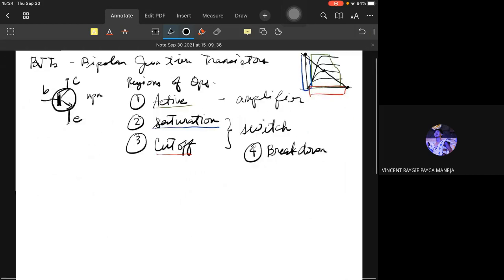So for this afternoon, and siguro for more meetings to come, we'll be focusing on using BJT as an amplifier, in the active region. Okay.